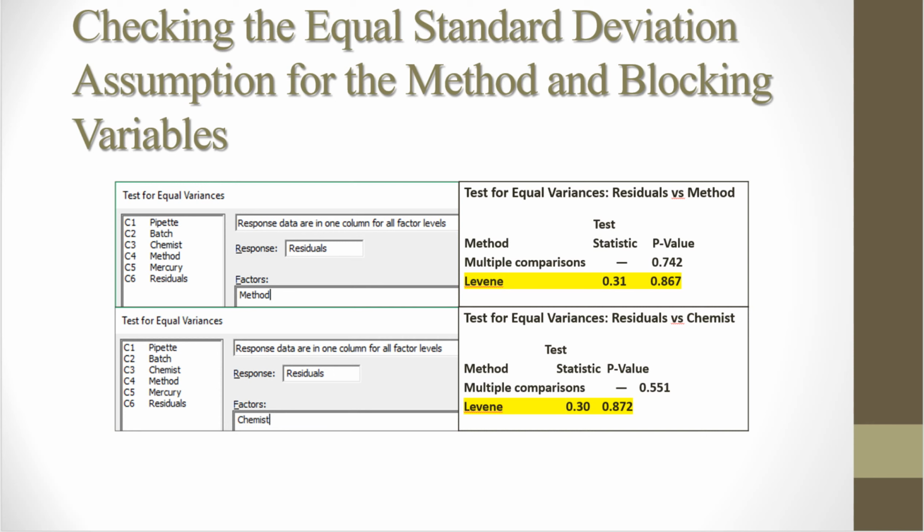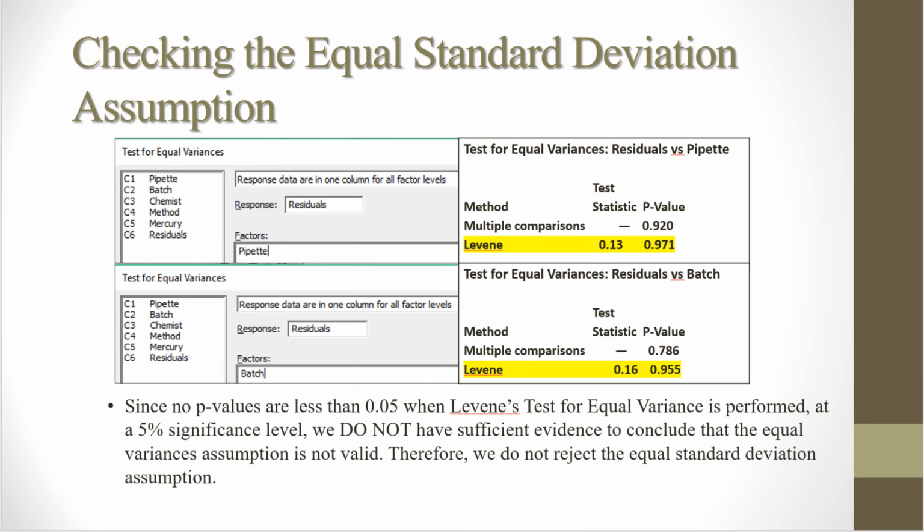In other words, the p-value is greater than 0.05, as well as for the pipettes and batches, they're also not significant. So since none of the p-values are less than 0.05 at the 5% significance level, we do not have sufficient evidence to conclude that the equal variances assumption is not valid, and therefore we do not reject the equal standard deviation assumption.